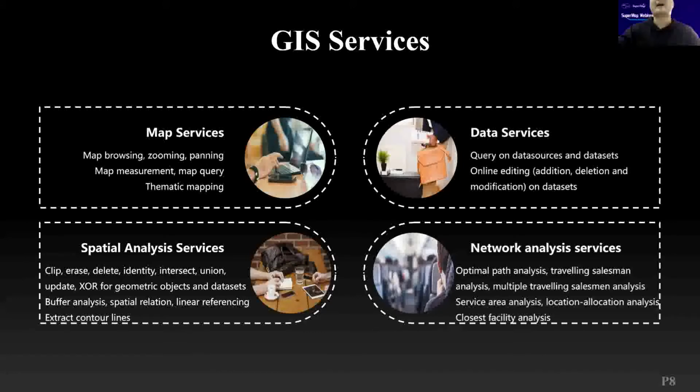That is, based on data service, we can send a POST request to the server, and in the request body there will be the information, the spatial information and the attributes of this feature.